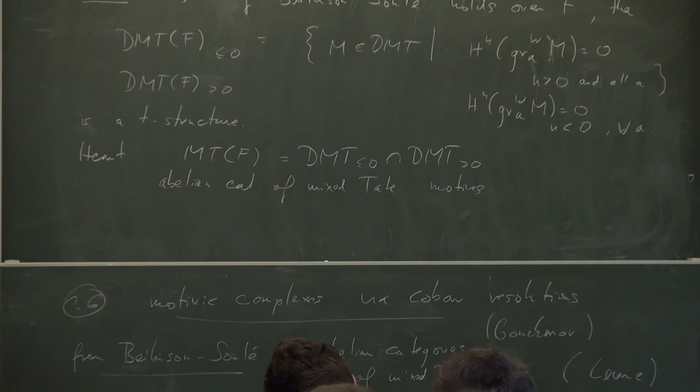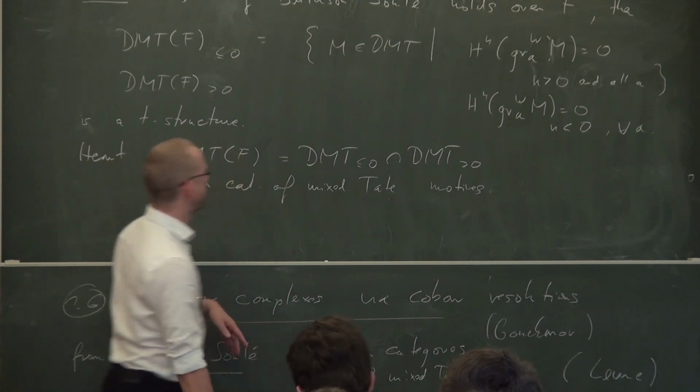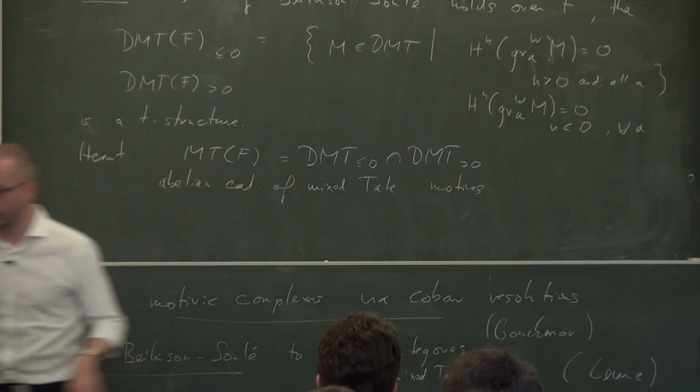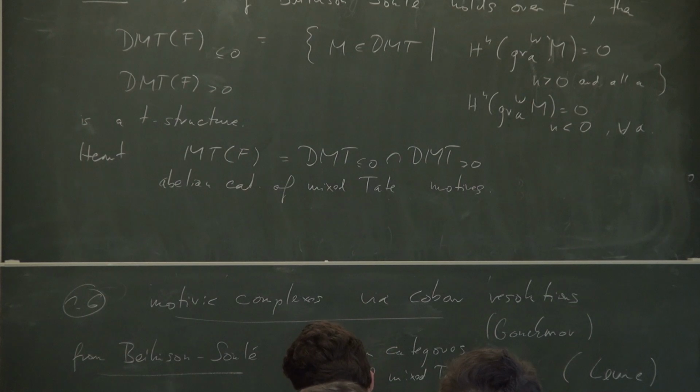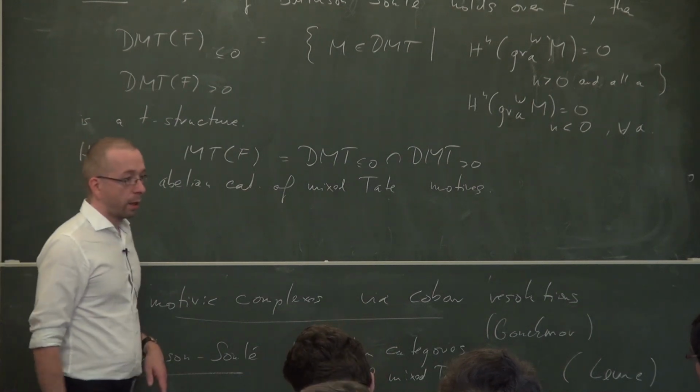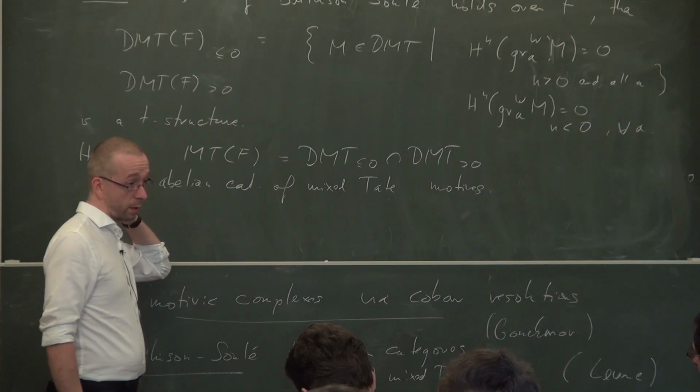And it is generated in a sense by Q(n), in the sense that the smallest triangulated subcategory which is closed under extensions and contains the Q(n) will be exactly that. In that case, the DMT would be the unbounded derived category of this abelian category.